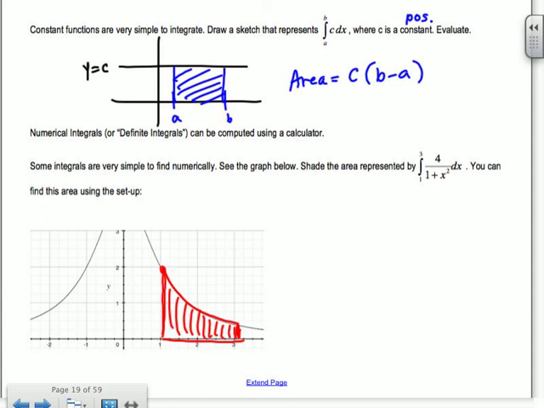You're going to have something called fnInt. So that stands for definite integration. Another way, you can find this with Math 9. So I'll often call it Math 9.